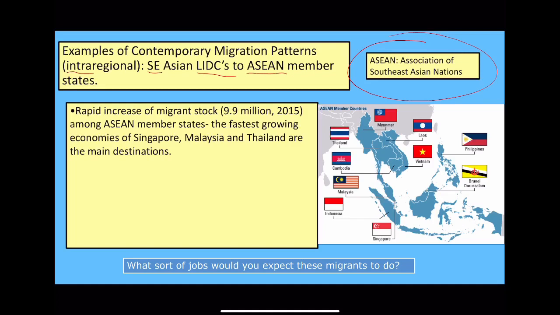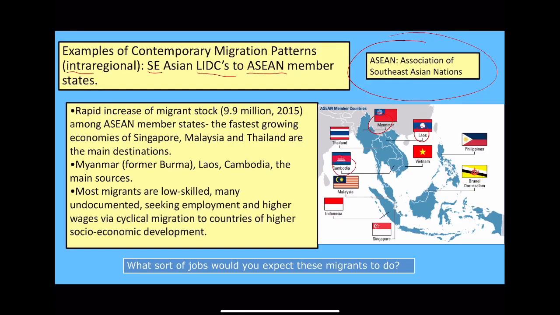So that's a recent change, and that's leading to people moving into those countries. So places like Myanmar, which is here, and Laos, Cambodia, these are the big sources. So these are the poorer countries within the region, and they're moving to places like Singapore, Malaysia and Thailand.